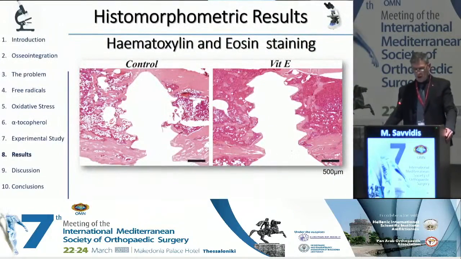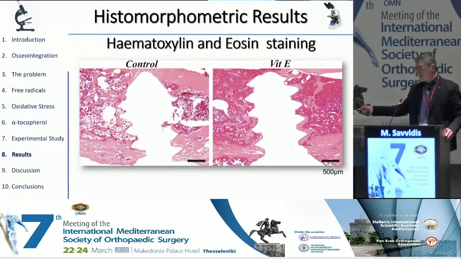These are photos of hematoxylin and eosin staining. We can see the astonishing difference between the no treatment and the treatment group.